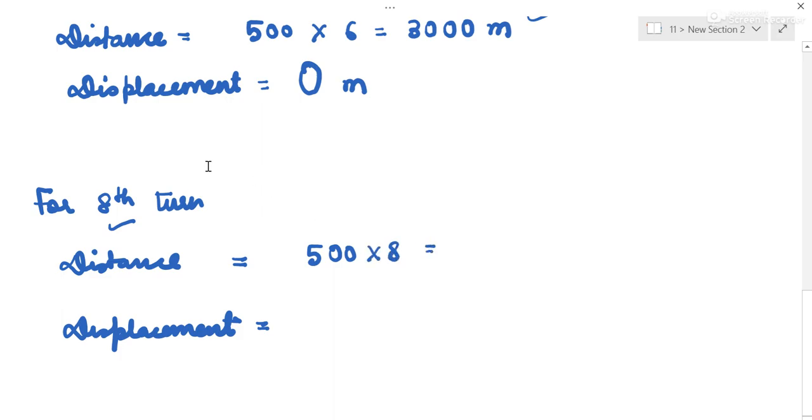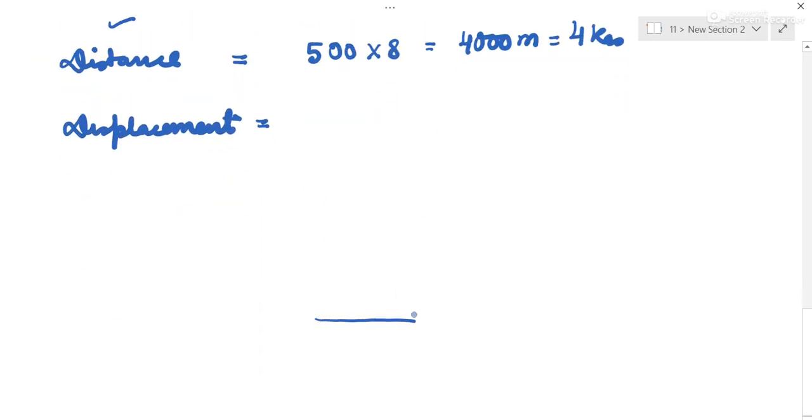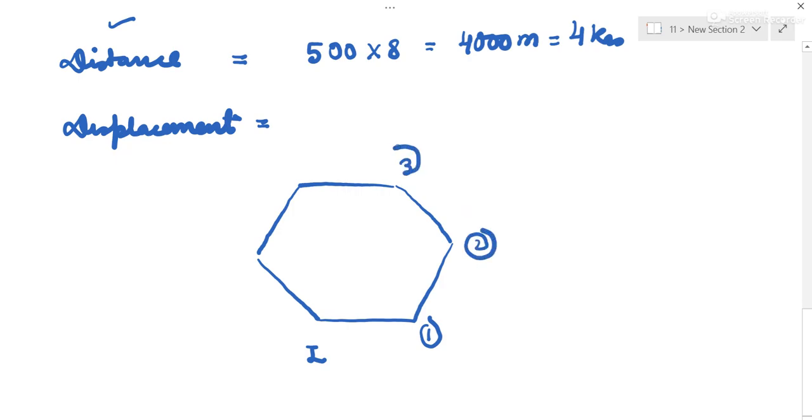So it is 4000 meter. That is 4 kilometer. And what about displacement? For displacement, you have to look at the diagram once again. We can make a regular hexagon. Okay, this is the initial position, first turn, second turn, third turn, fourth, fifth, sixth, seventh, eighth.